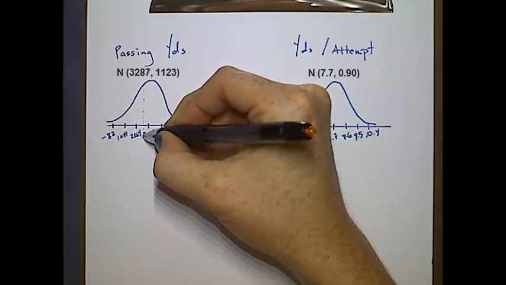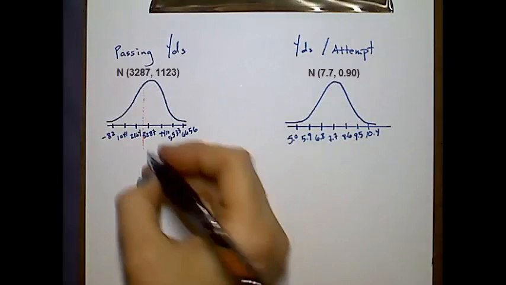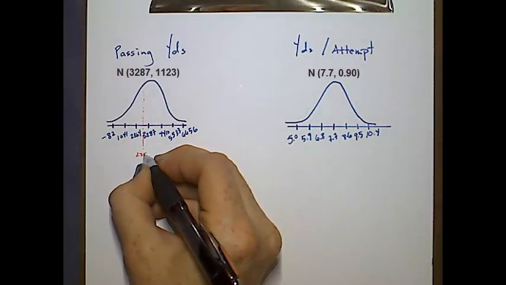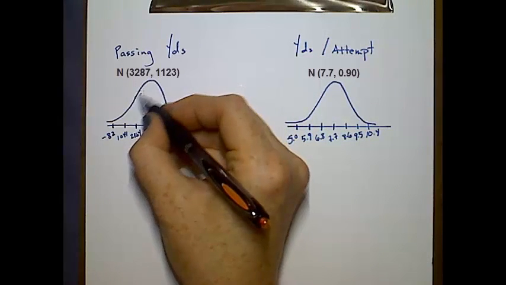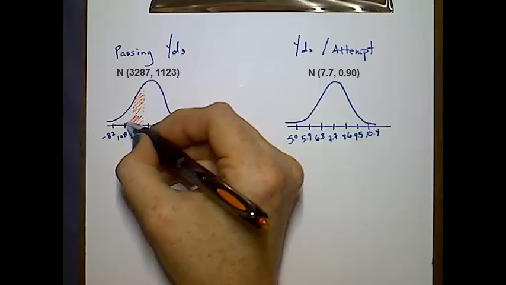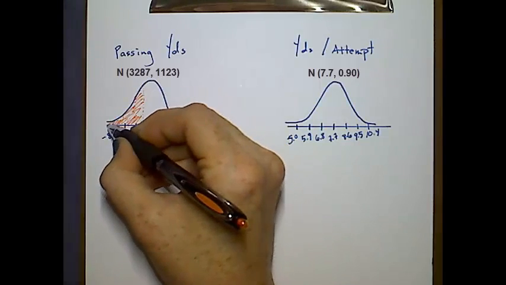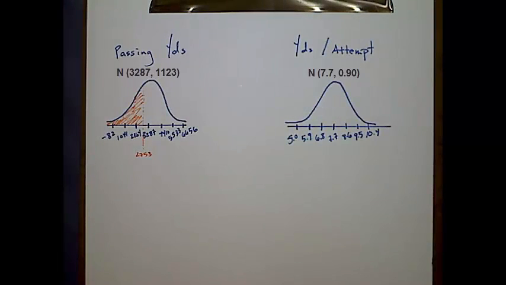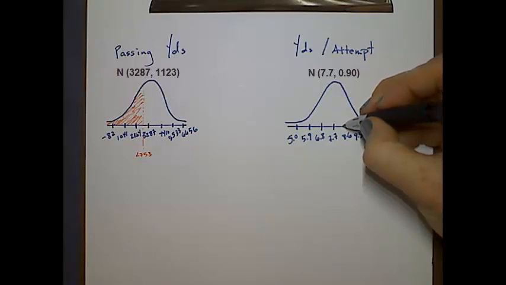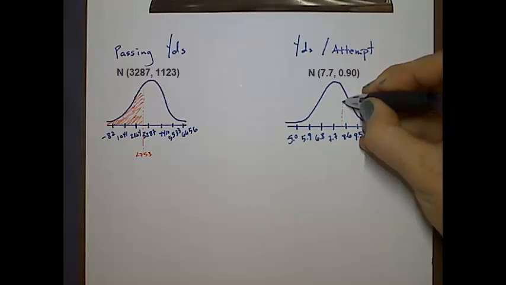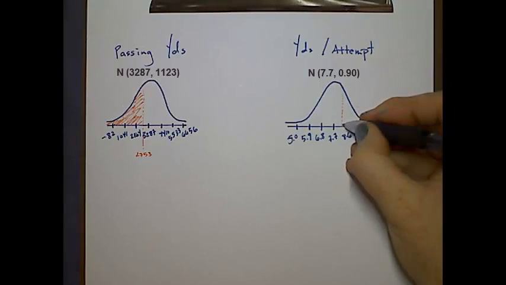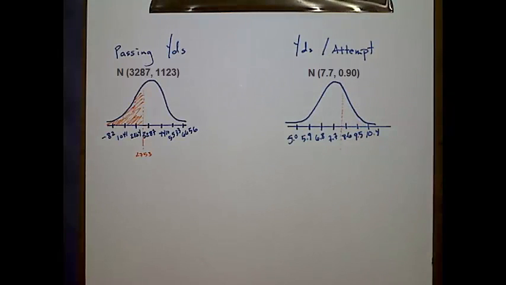It doesn't quite get to one standard deviation below the mean, but it's definitely below the mean. His average per attempt, however, falls above the mean. Again, not quite one standard deviation above the mean, but pretty close to one standard deviation above the mean, which is pretty good.